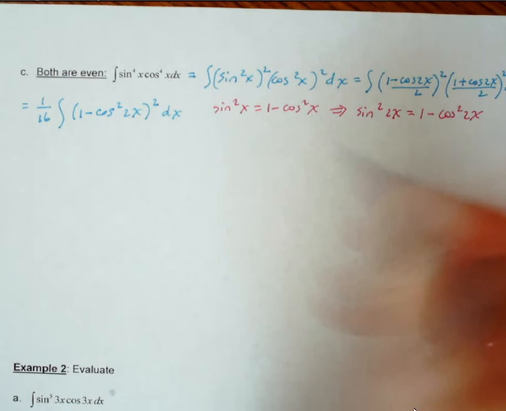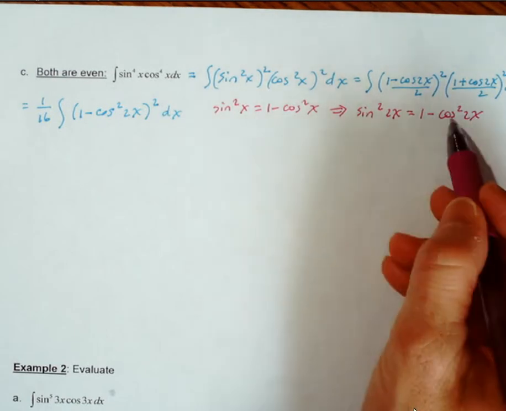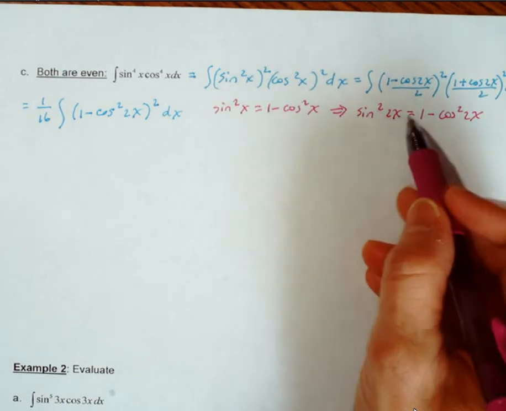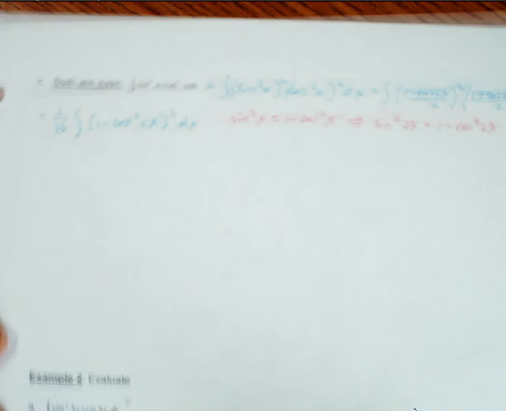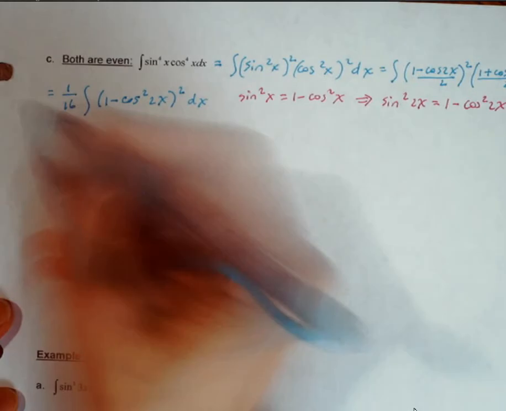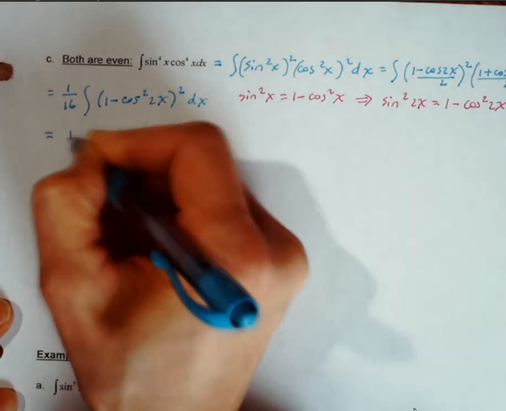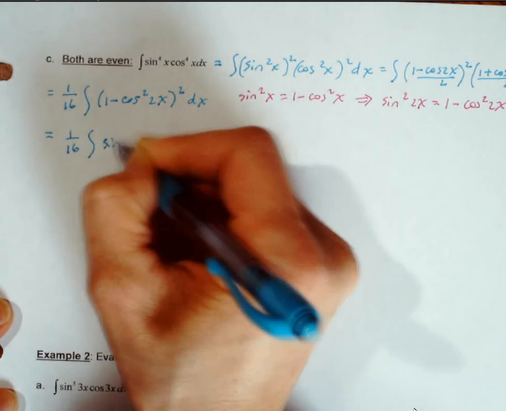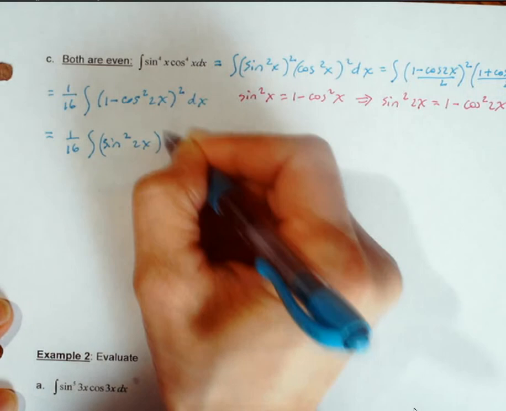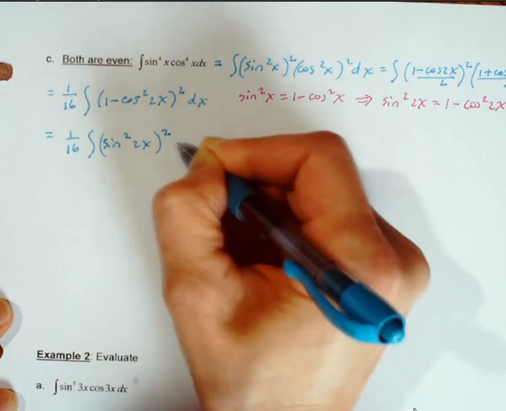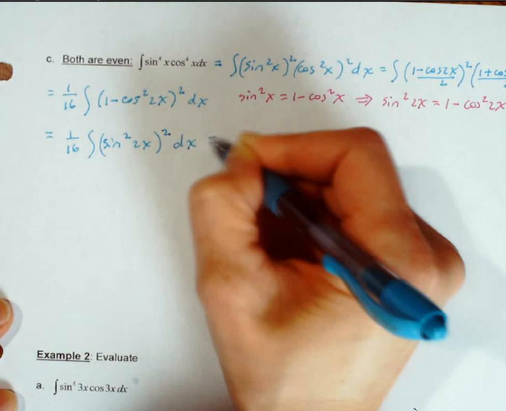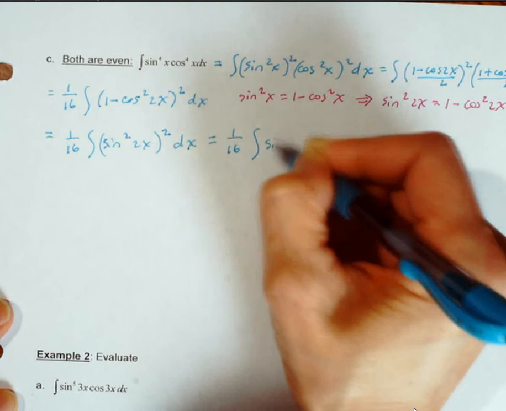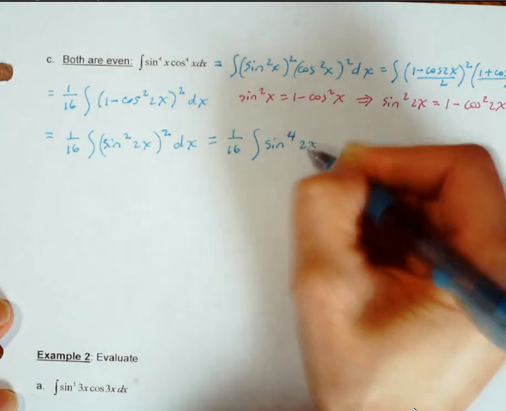So I can rewrite my 1 minus cosine squared 2x as sine squared 2x. In my next line, I have 1 over 16 and then the integral of sine squared 2x, squared, and multiplying that out, I have 1 over 16 times the integral of sine to the 4th 2x dx.